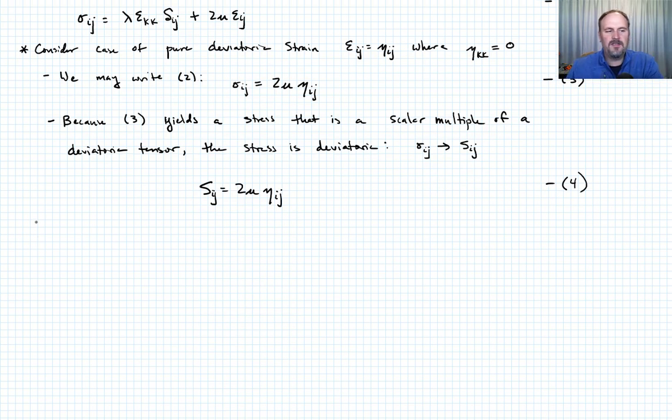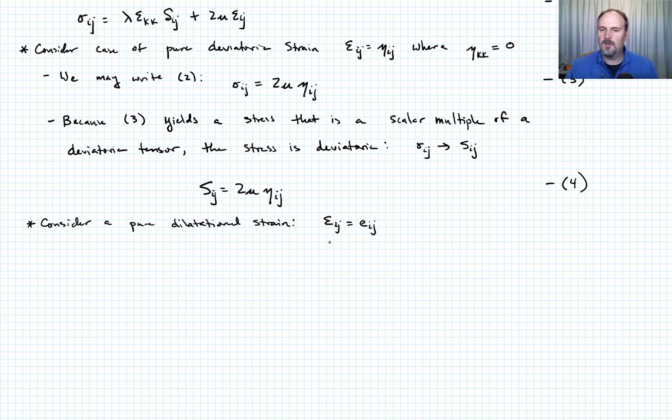Now let's consider a pure dilatational strain. In that case, we're going to say that the strain epsilon ij is just equal to Eij.